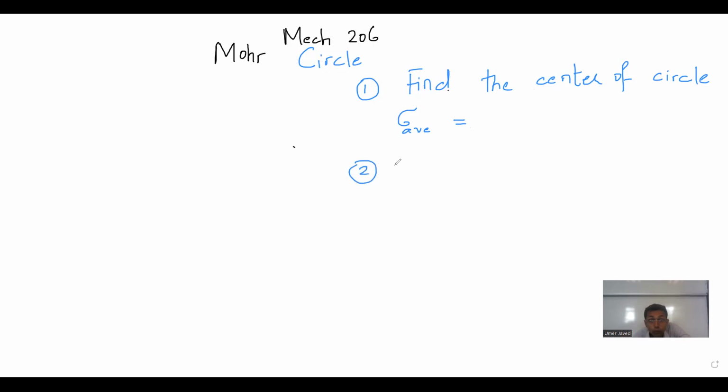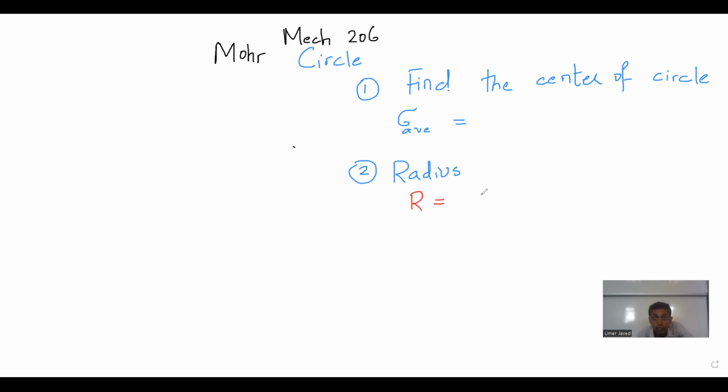Number two, you have to find the radius of the Mohr circle. Let me go over a simple example and tell you the radius formula.